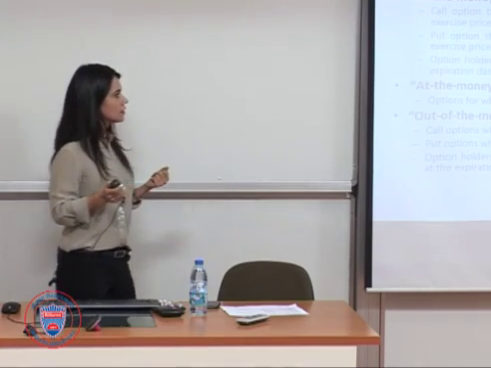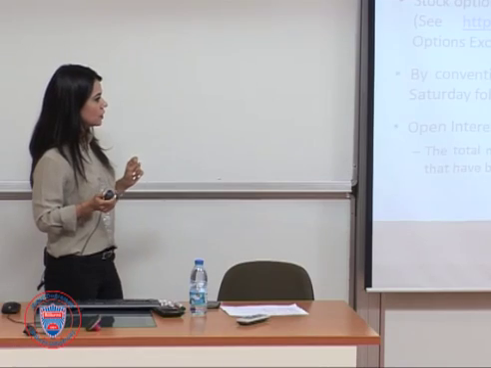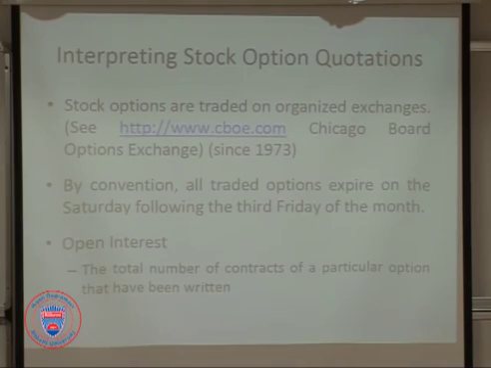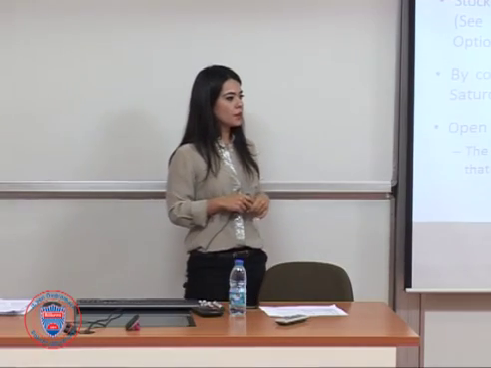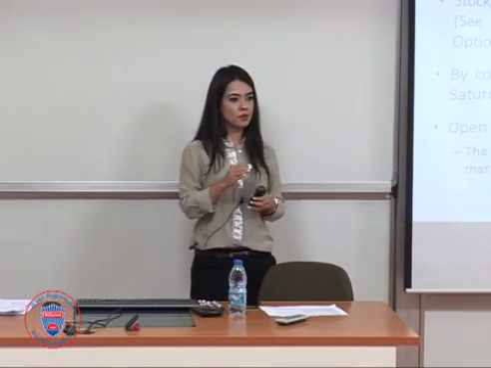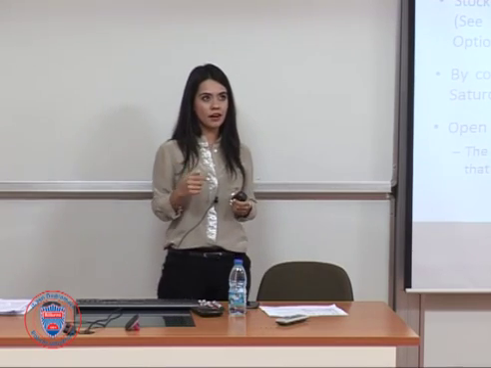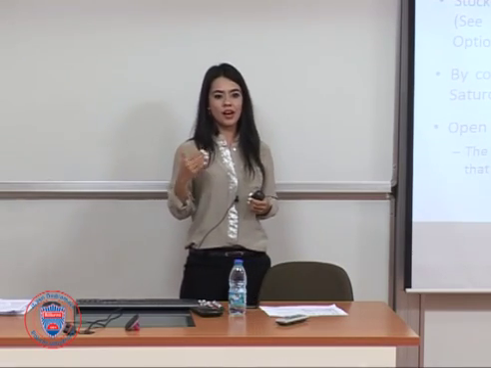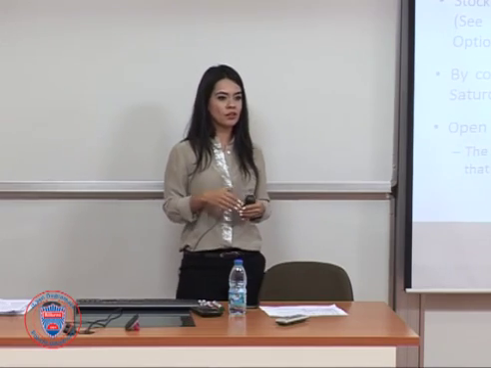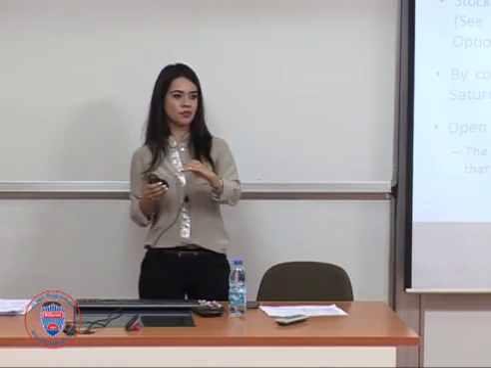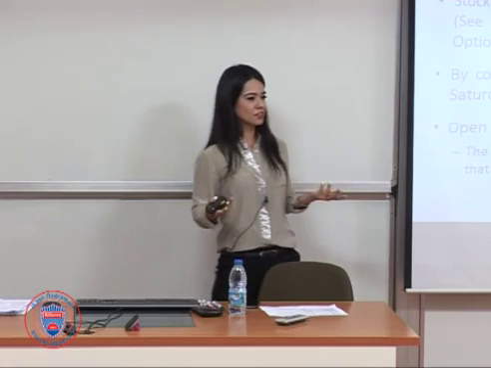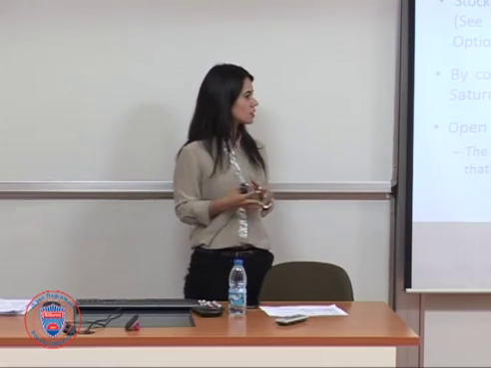Okay, this is the last piece of terminology. In the US, stock options have been traded since 1973 on the Chicago Board Options Exchange. I'm going to go to that page in a second. By convention, the expiration date for all options is the third Friday of each month, or the Saturday just after 5 p.m., since it becomes Saturday for trading purposes anyway.